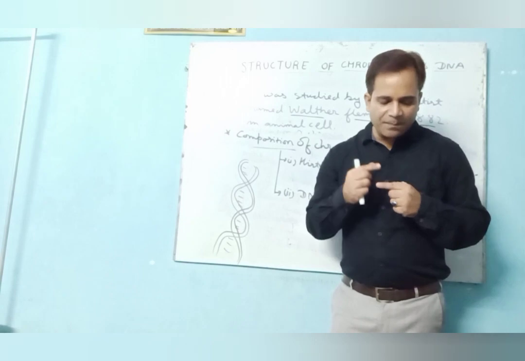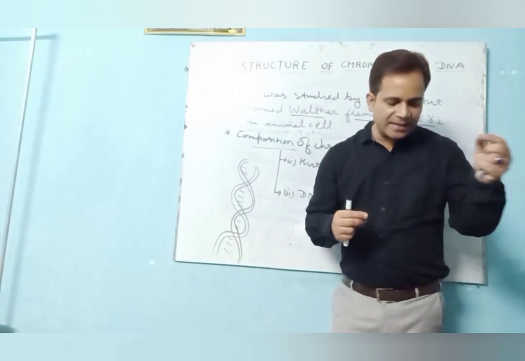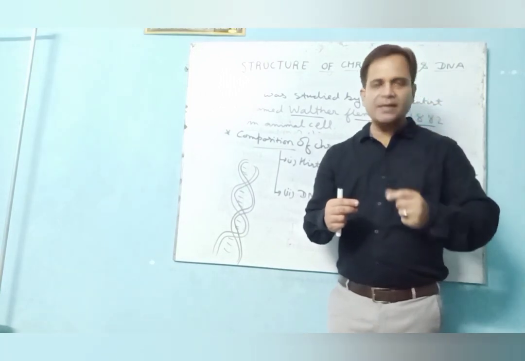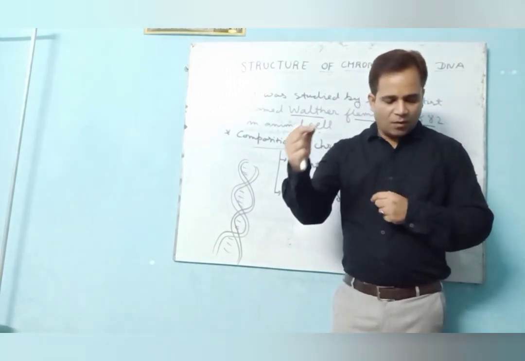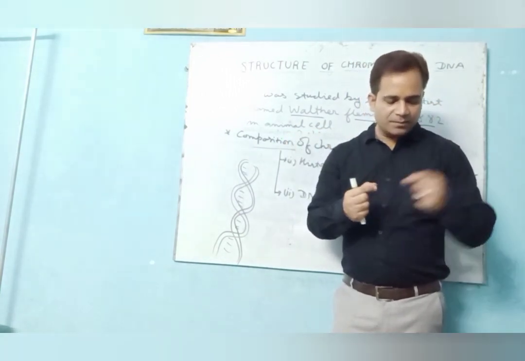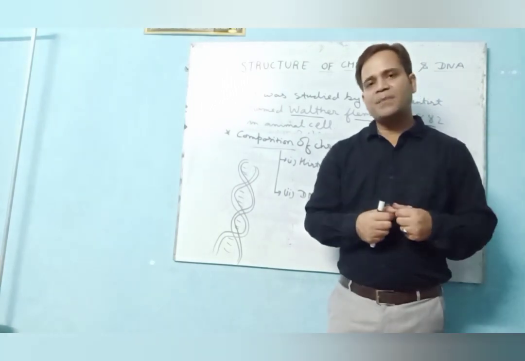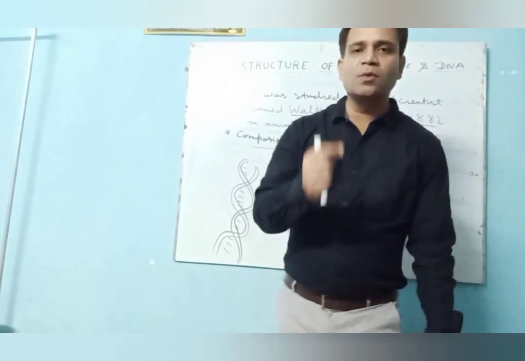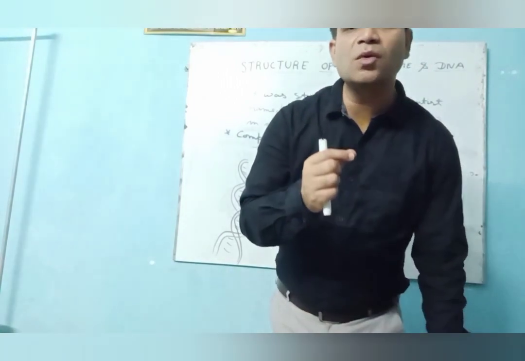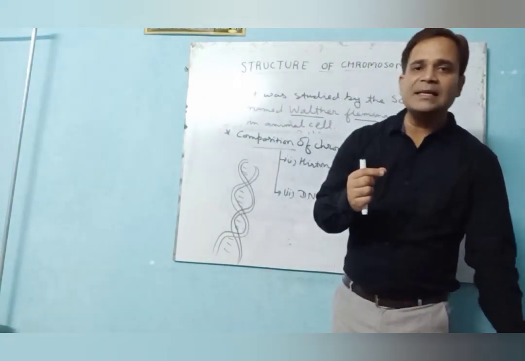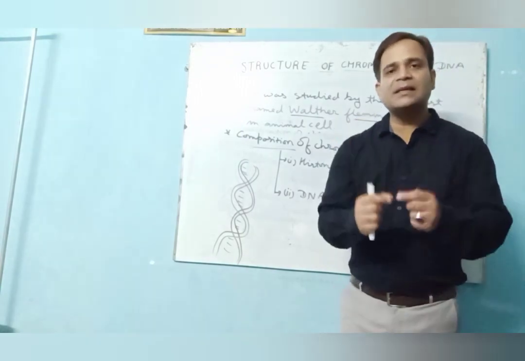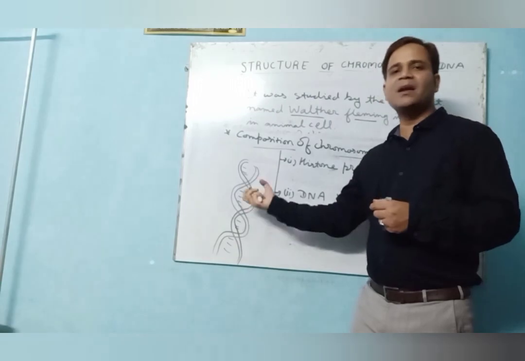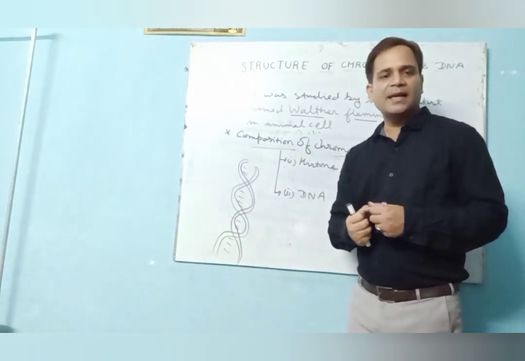So whenever the pair of chromosomes have the same size, shape and genetic location, coming one from each parent, this is termed as homologous chromosomes. And this is present in both plant as well as animal cells.